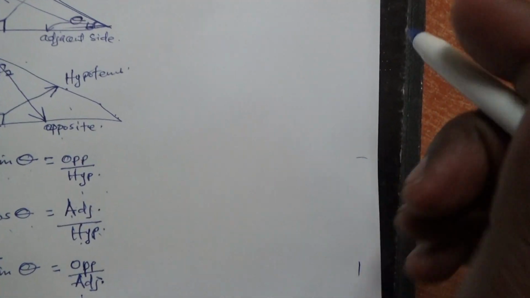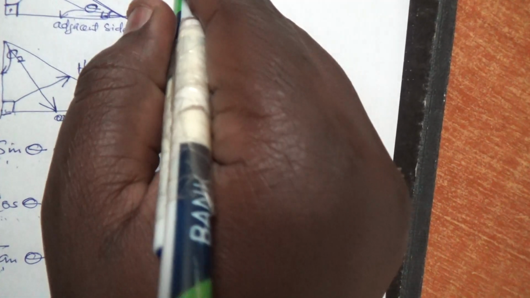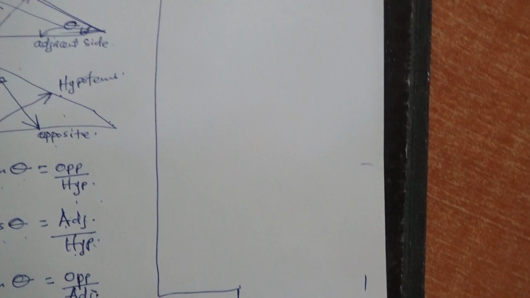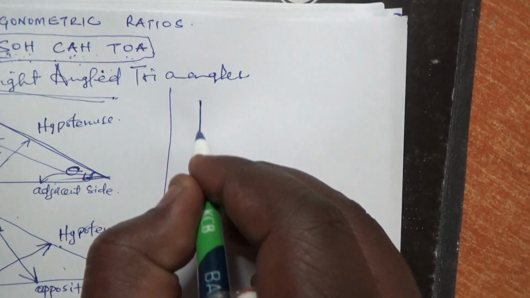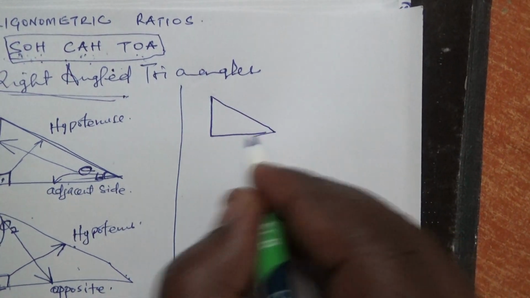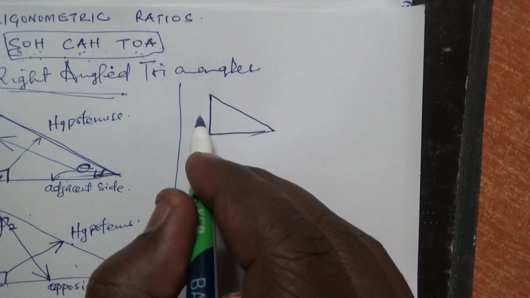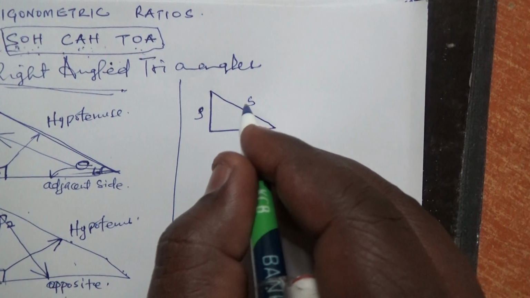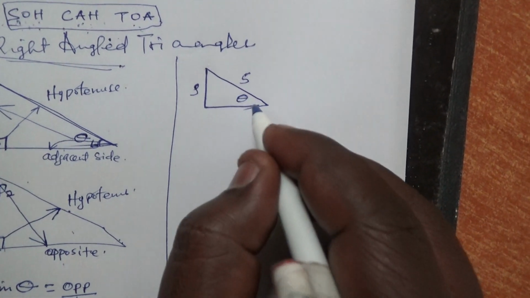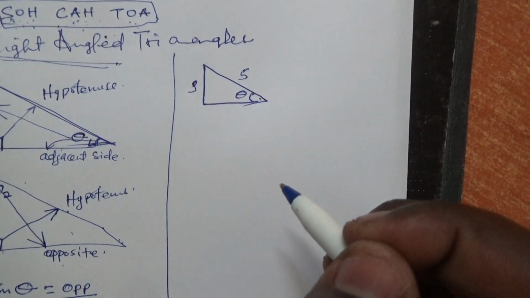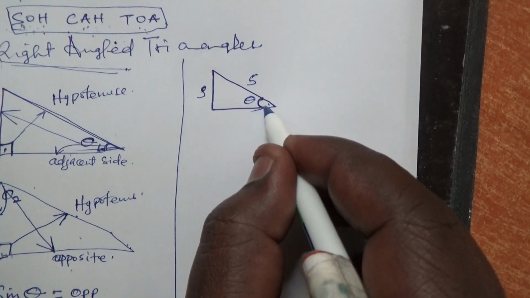Another example. I want to make another example here so that we proceed. I have another right angle triangle here. Okay, and here is 3, here is 5. Then we have a known angle here, and you're told to find this angle.